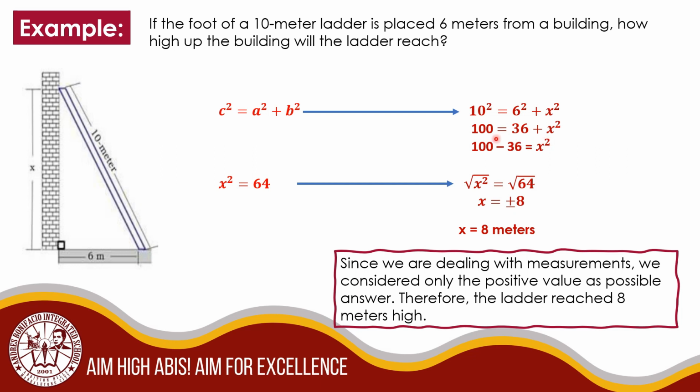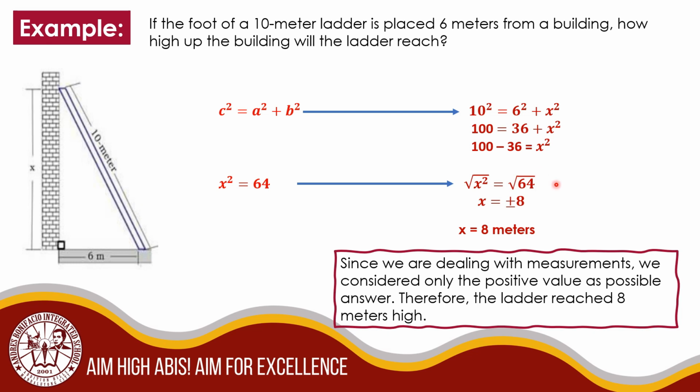Combining like terms, 100 and 36 are constant. So, pagsamahin sila. So, magiging 100 minus 36 equals, bring down lang si X squared. So, 100 minus 36 is 64. Bring down X squared. So, let's apply extracting square root. So, makakancel na ito, the 2 and the radical. Maging X na lang siya.